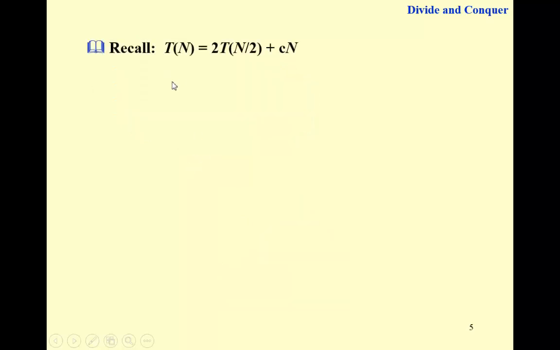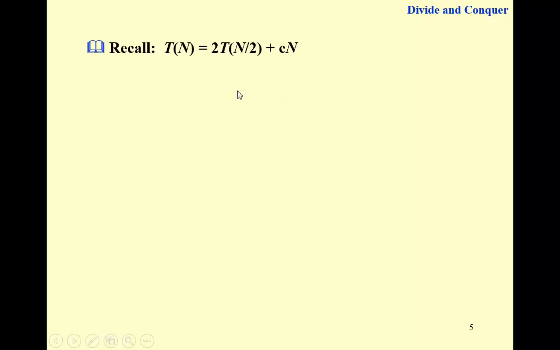Let's see. In the fundamental course, when we analyzed the maximum subsequence problem, we had an equation like this, right? It takes t of half of n time to recursively solve for the left-hand side and right-hand side and add them up, plus it takes only linear time to find the answer across the border, right?